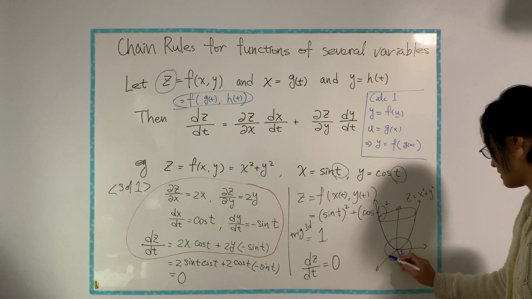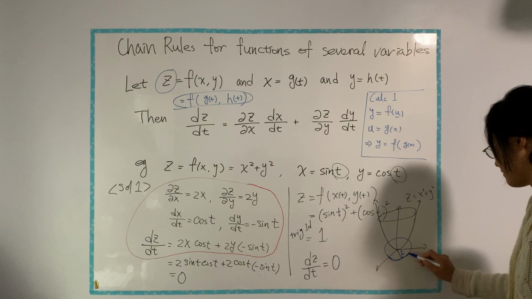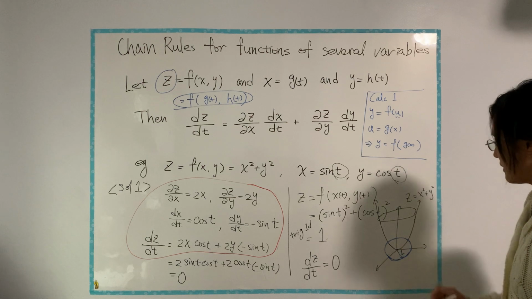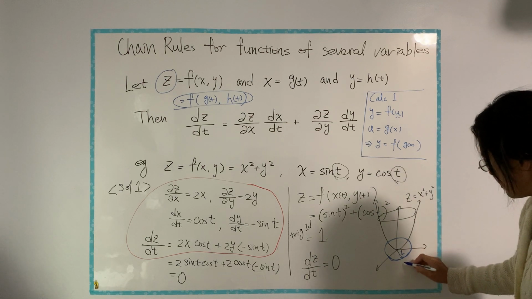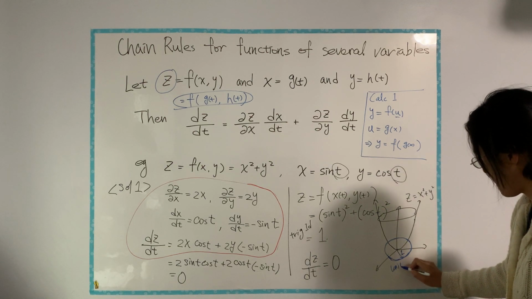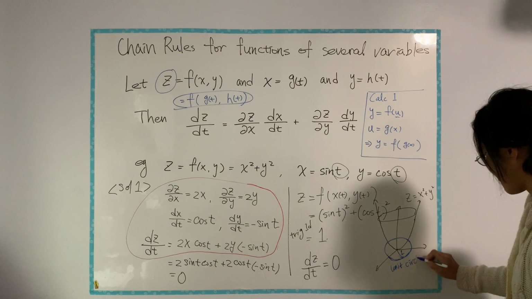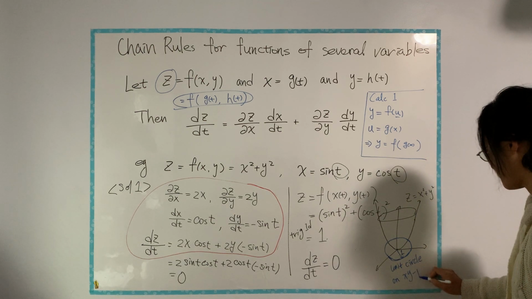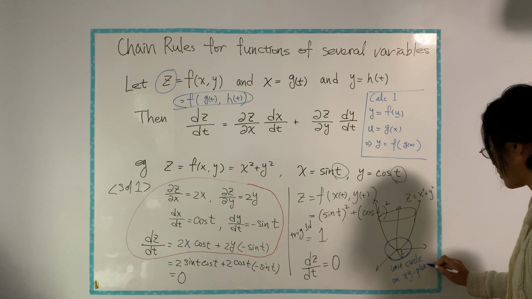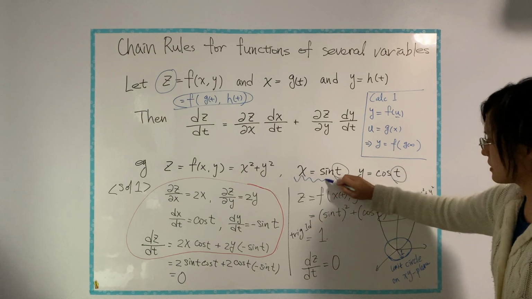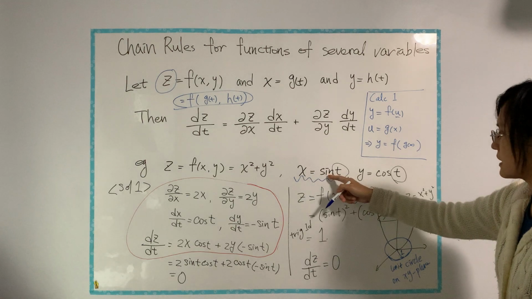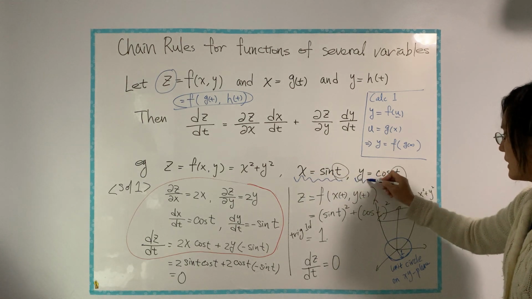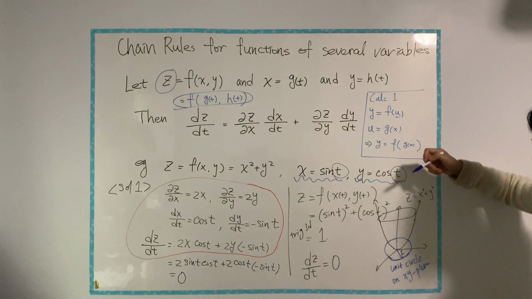Okay, and so this is a unit circle on the xy plane. Okay, because I'm trying to tell you what x equals sine t and y equals cosine t is like.